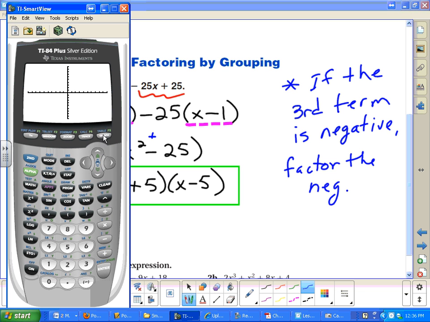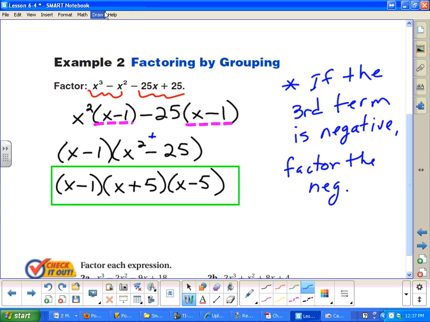Okay, now, here's the thing. If you understand what happens, if I have x squared minus 25, what does that minus 25 do to x squared? It makes the y-intercept go down, right, to negative 25.